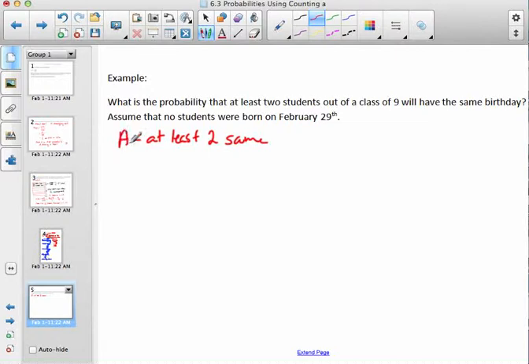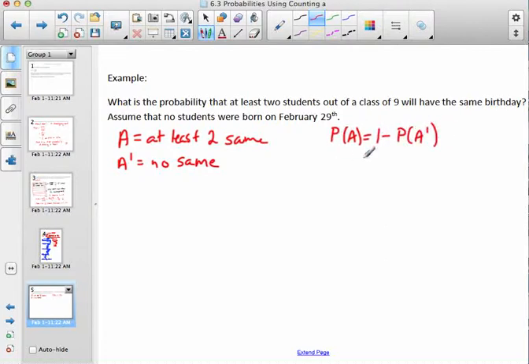So the event A is at least 2 people have the same birthday. And just for argument's sake, let's say A prime is, well, if at least 2 have the same, then the complement of that would be no one has the same birthday. Okay? So let's remember this. Probability of event A is equal to 1 minus the probability of A prime.